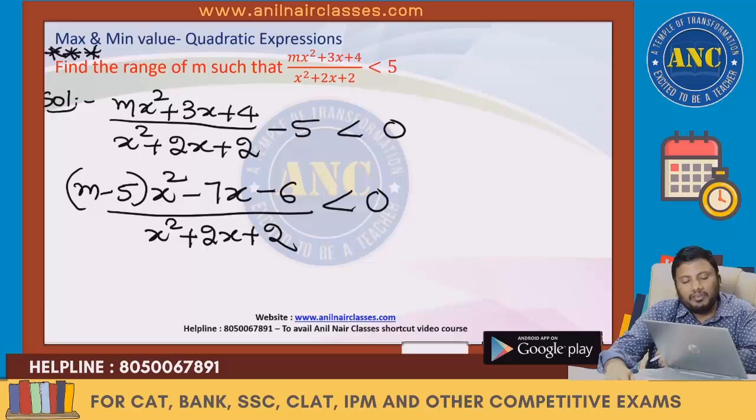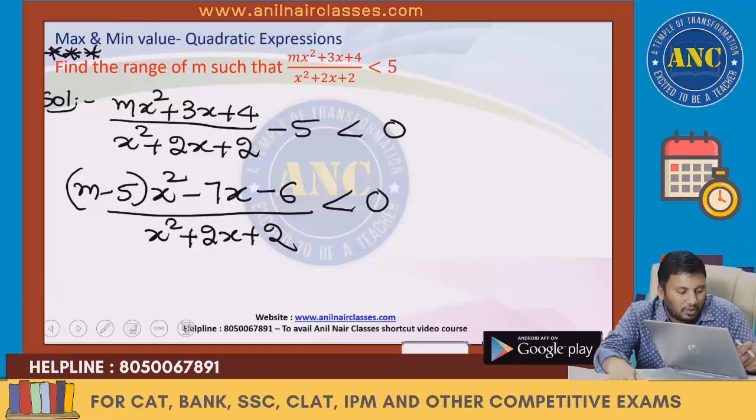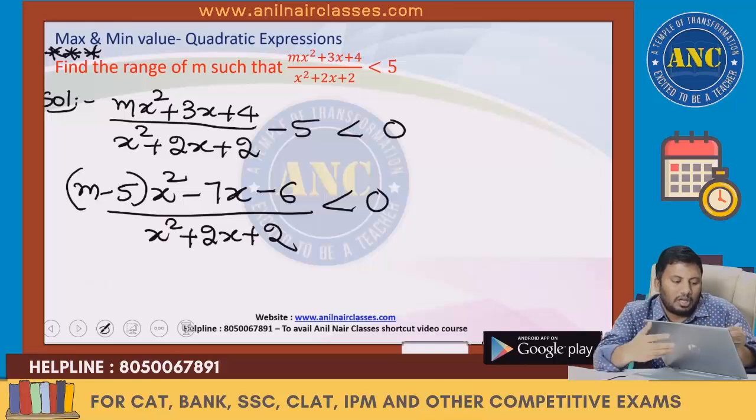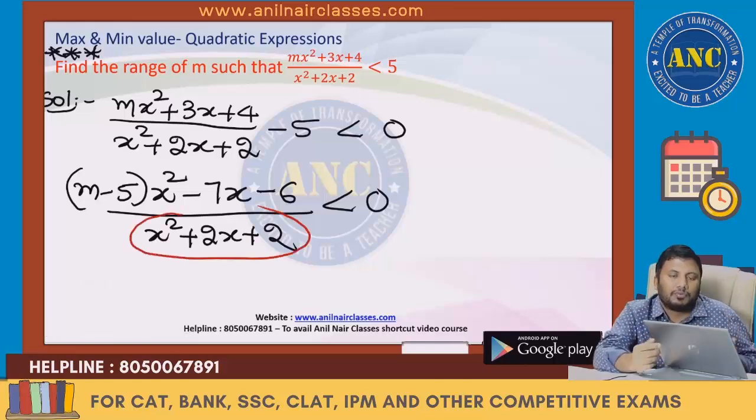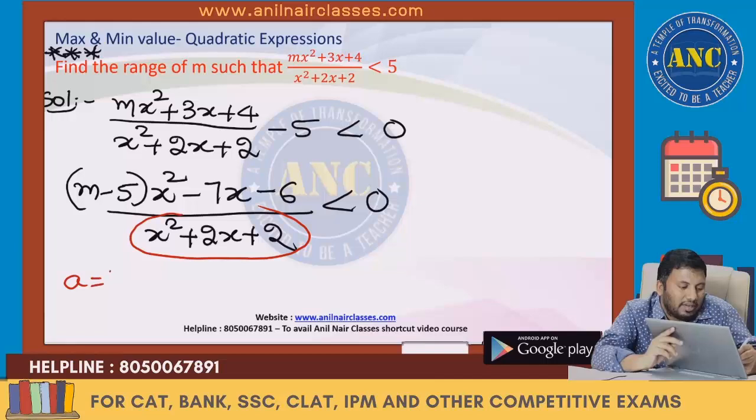m minus 5 into x square minus 7x minus 6 divided by x square plus 2x plus 2 is less than 0. Now if you observe, the denominator has a value 1 greater than 0.